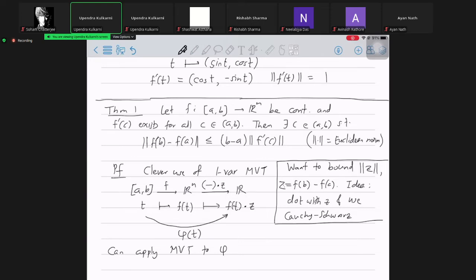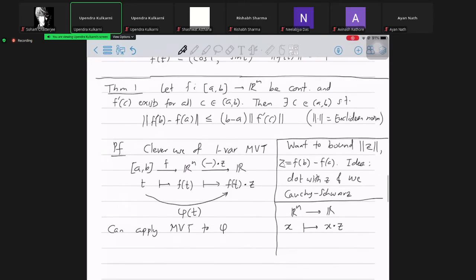So let's take a look. This function, let's write this down here, Rn to R, and let's take a variable vector, let's call it x, x dot z. But what is this? This really is x1 z1 plus up to xn zn. Right? That's what it is.